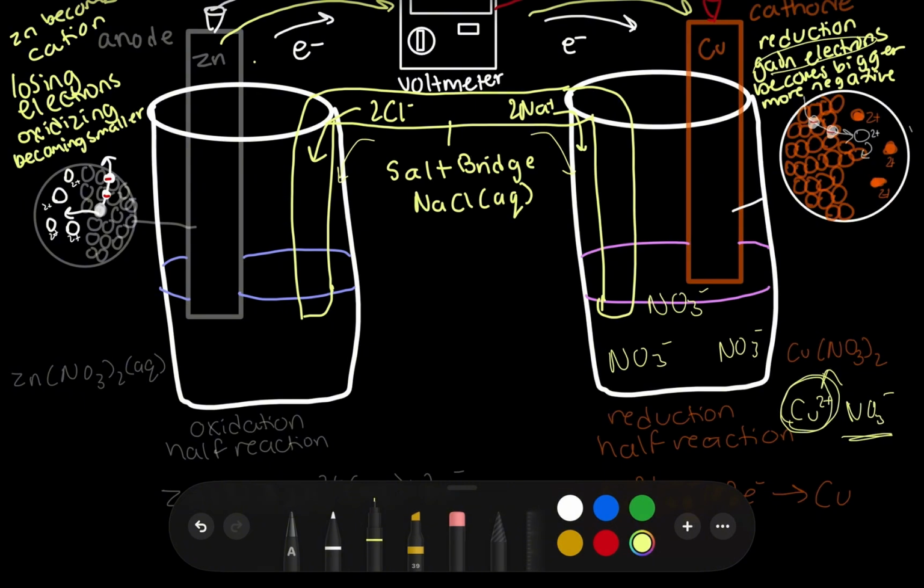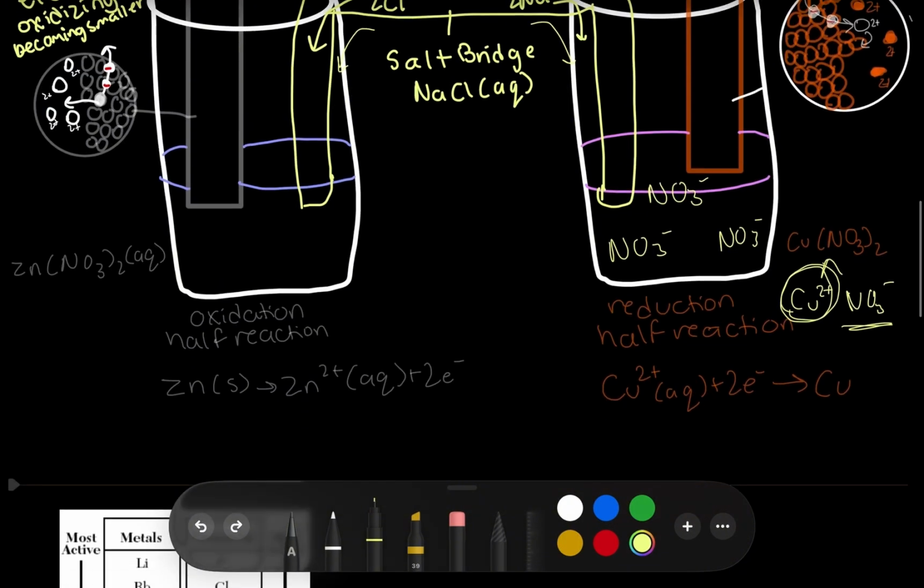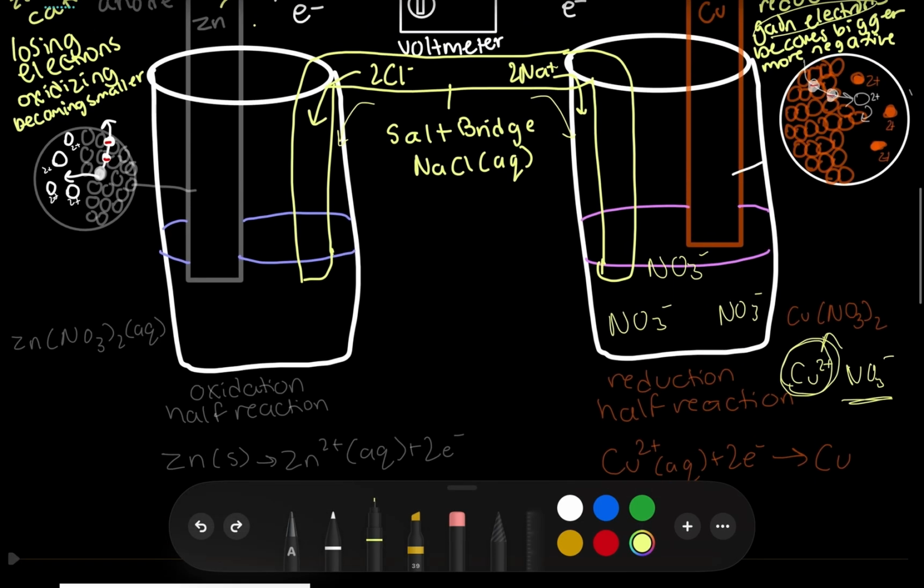So the reason being is because the cations, which are positive ions, they're going to balance out with the excess negativity that we have here. So it's going to restabilize the amount of negativity with the positivity. And the same thing here. Since in Zn, or zinc, it's becoming too positive, because in zinc, right, we're losing electrons. So to break it down here, right, we have our Zn2 plus, our cation, with our polyatomic anion, NO3 minus.